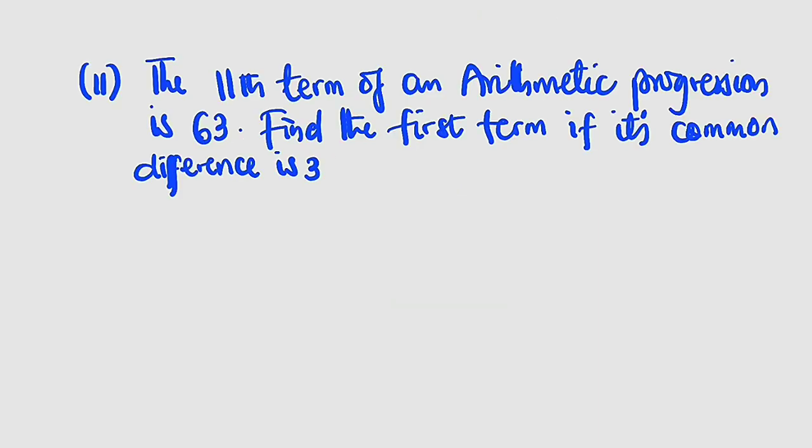And question number 11 reads, the 11th term of an arithmetic progression is 63. We're asked to find the first term if its common difference is equal to 3. All right, remember that every single term in an arithmetic progression sequence, Tn, is equal to a plus n minus 1 multiplied by d, for which a here is the first term, n stands for the number of terms, and d is the common difference.